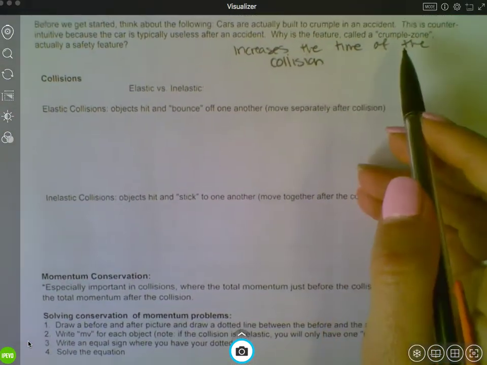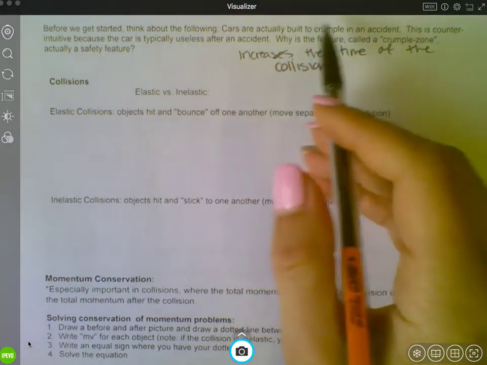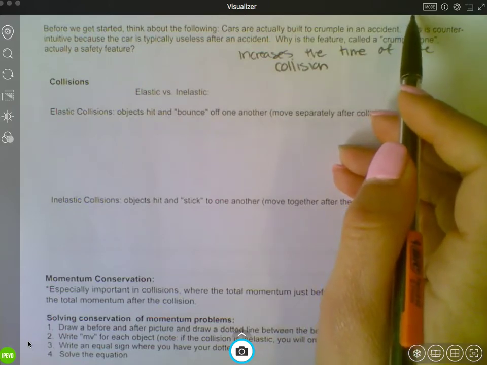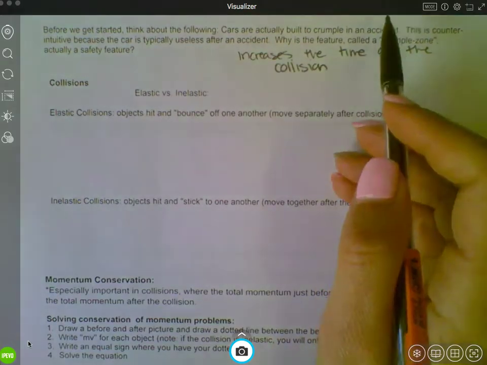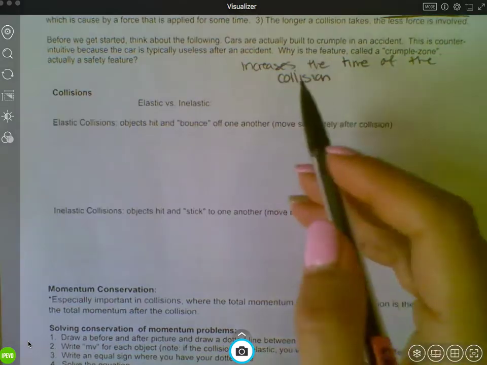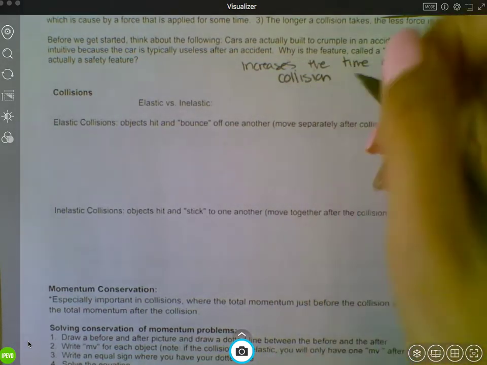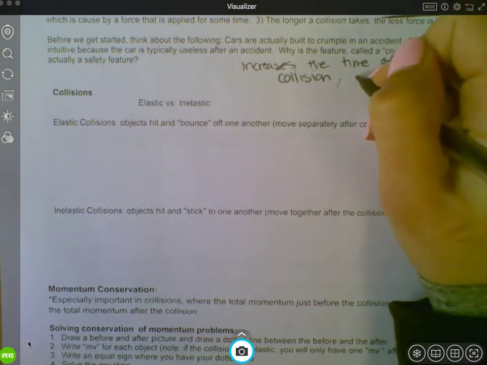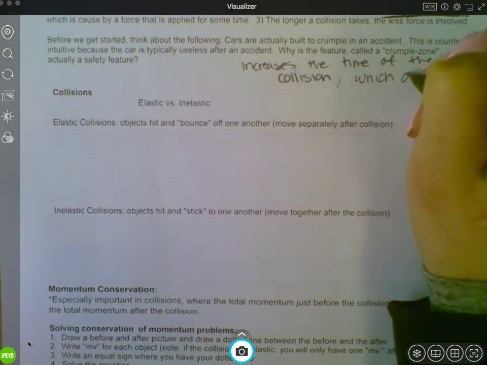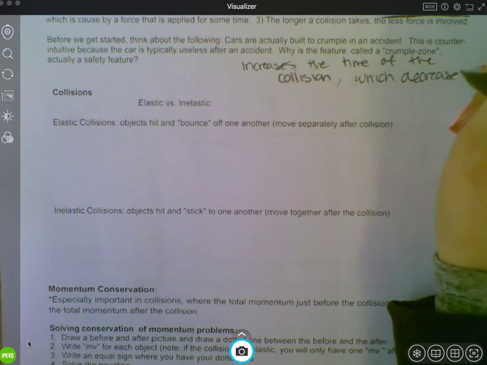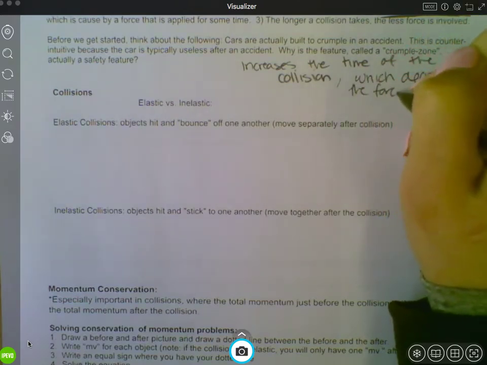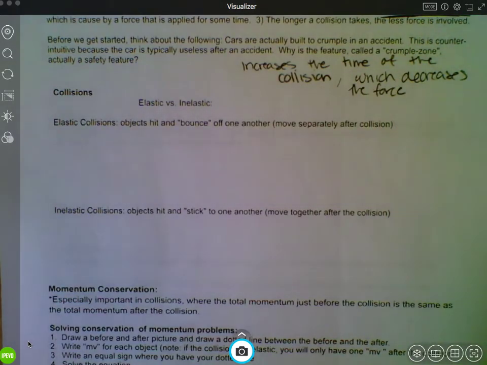So by increasing the time, we reduce the force on the car and incidentally on you. By increasing the time of collision, or by increasing that crumple zone, we decrease the force, which is the part that hurts you.